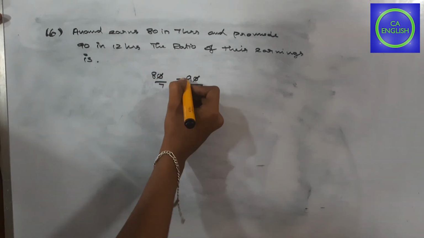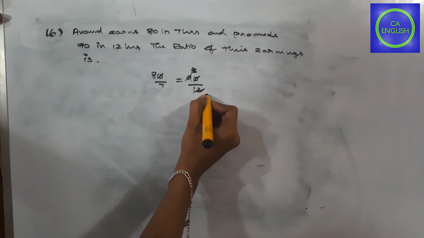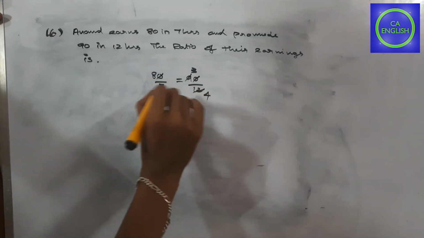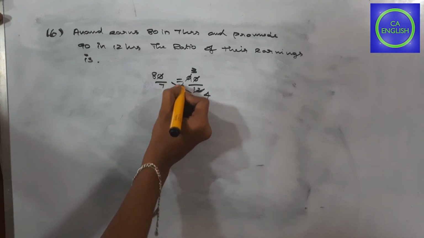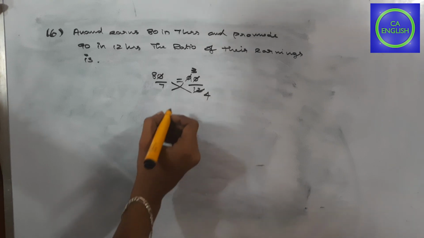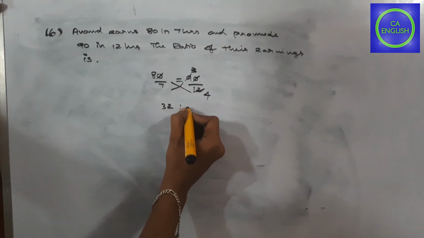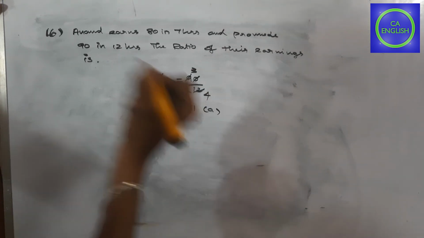This is the easiest method, I can tell you. 3 and 3 into 4 equal to 12. Keep this as it is and cross multiply. 8 into 4 equal to 32, and 7 into 3 equal to 21, and this is the answer, option A.